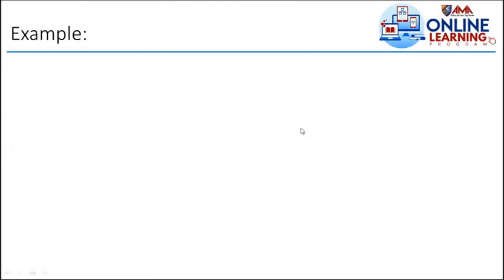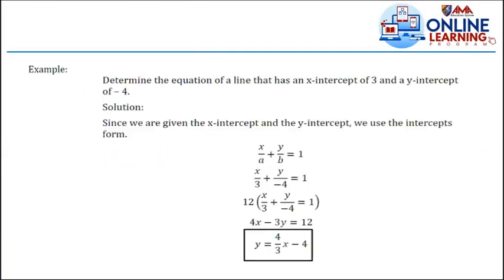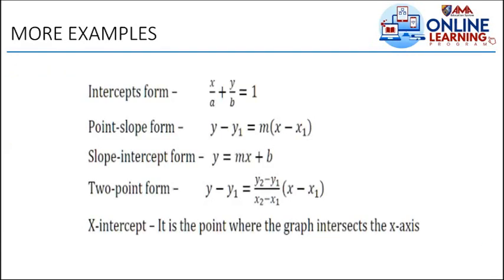So, that is all about the equations of the line. The most important is we have to familiarize with these formulas. Okay? So, again, 2-point form, if there are 2 points given, use this formula. Next, slope-intercept form, we're going to use y is equal to mx plus b, pag given yung slope na or intercept na y, which is your b.